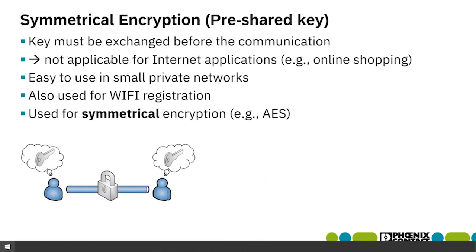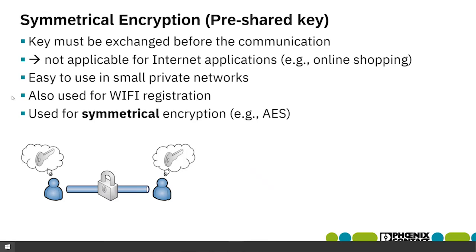So the idea of this symmetrical encryption algorithm is that both communication partners have a key, and this key is used to decrypt and encrypt the data. So both communication partners use the same key. You can see here, this is literally a key in this case, and they can use the same key to open and close the lock and secure the communication channel.